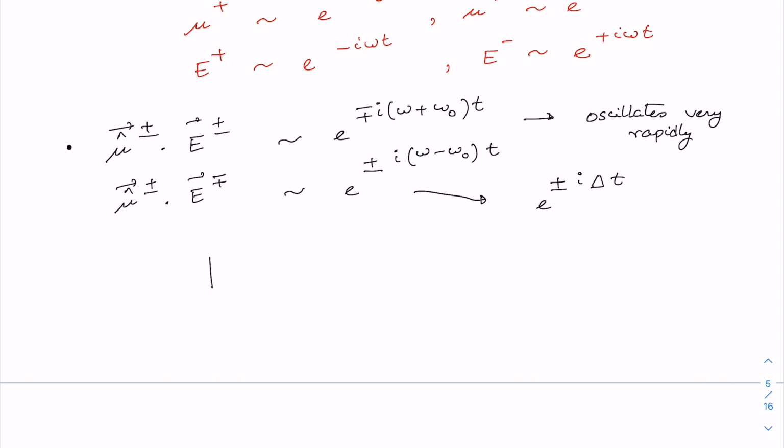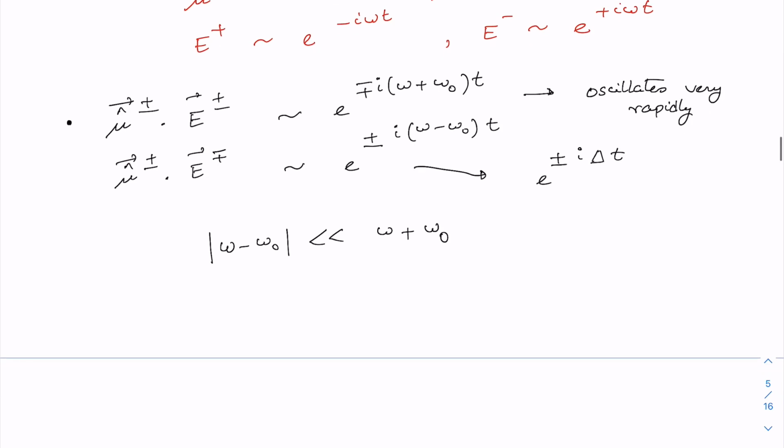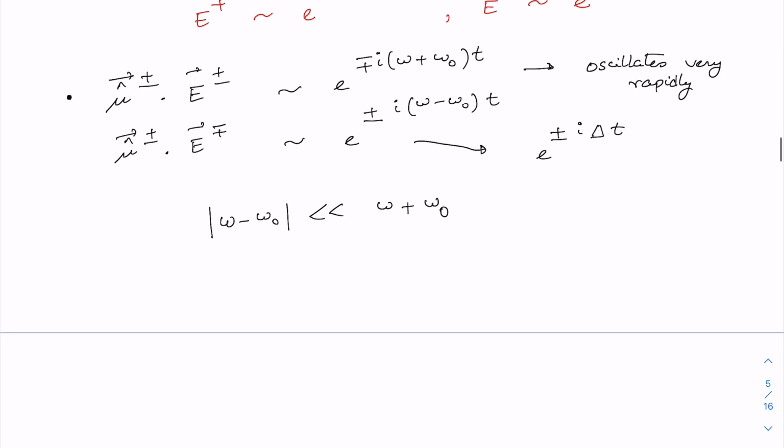If we assume that the modulus of omega minus omega 0 is much less than omega plus omega 0, we can discard all the highly oscillating terms. This is a very reasonable approximation as the frequencies involved are generally in the optical domain.